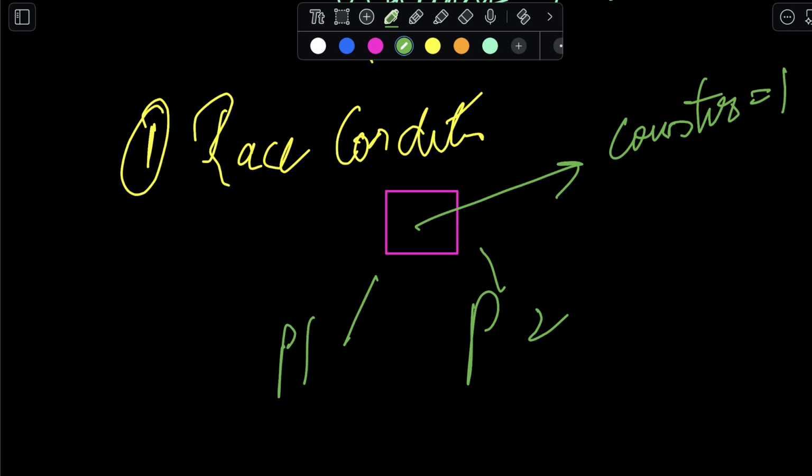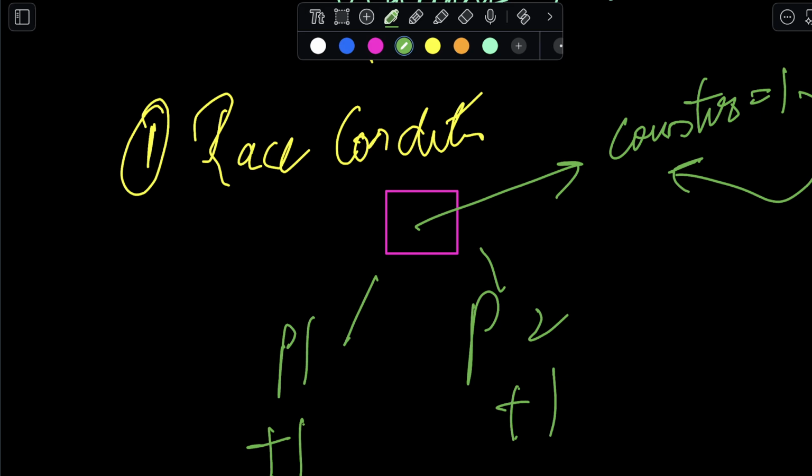Both processes are just incrementing the value by 1. And then after incrementing we are going to store the value back, right? Suppose both read the value, increment it, and then write back the result.